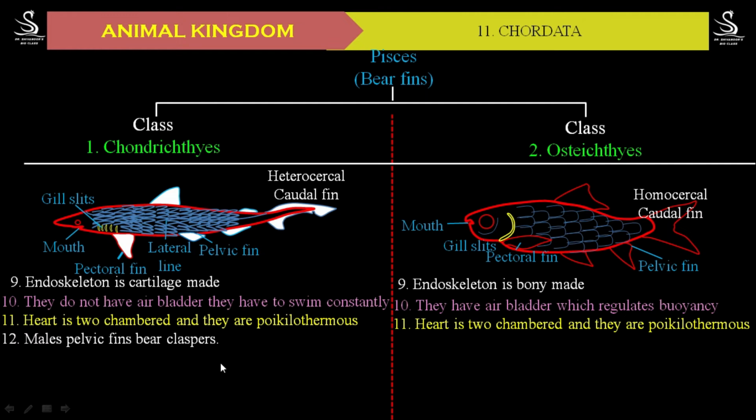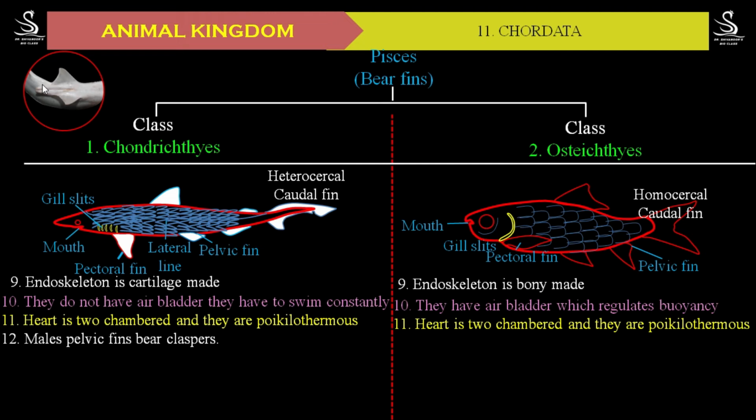What does it mean? If you observe the male fishes, both these are the pelvic fins, and here we are observing the presence of claspers. This is the one clasper, and this is the another clasper. Only the males are going to bear such type of claspers.